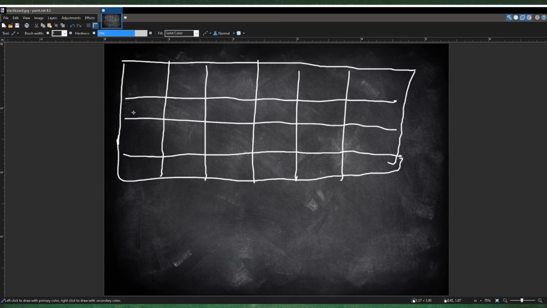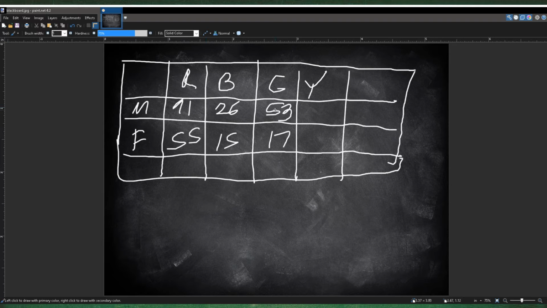Okay, and let's have males, females, and red, blue, green, and yellow. And you have 91, 55, 26, 15, 53, 17, 26, and another 17. So that's 196, that's 104, and that's 300.